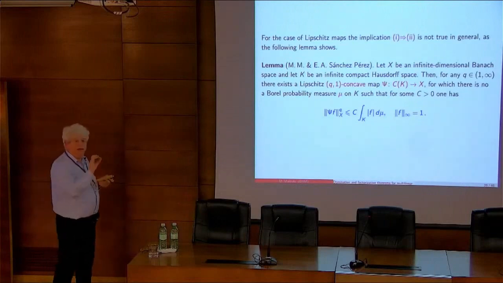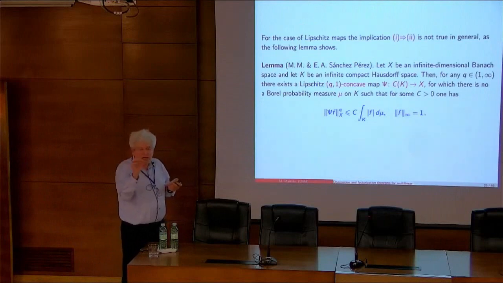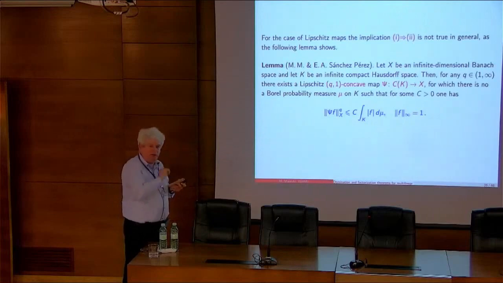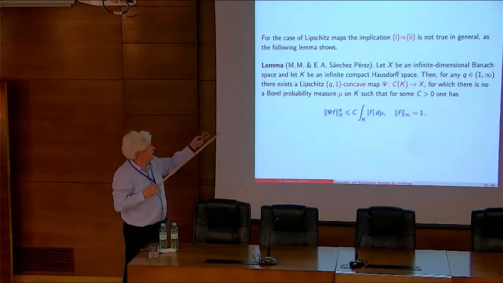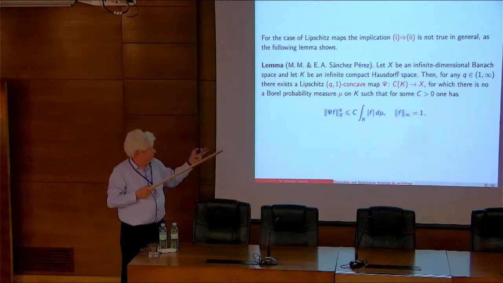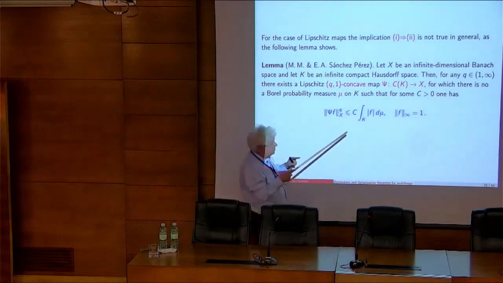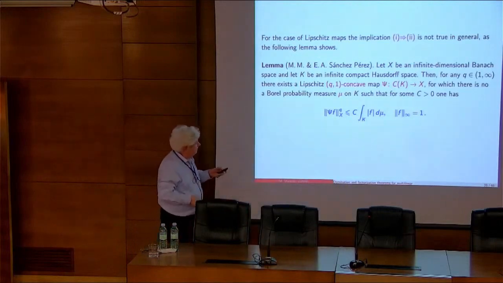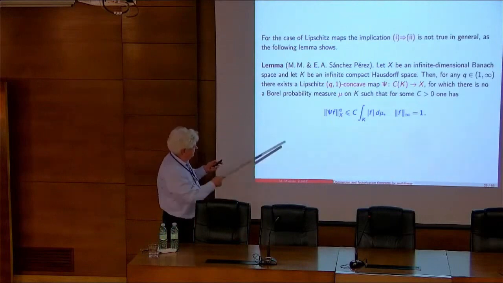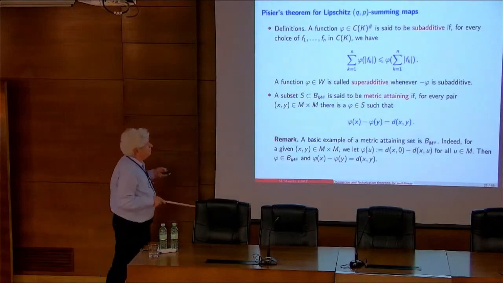And then if the space is infinite dimensional, Benyamini and Sternfeld proved that there is a retraction from x to the unit sphere, and then we take the composition with this map, and take any operator from C(K) to X which is Q1-summing, but this one will not satisfy this inequality. So there is no chance to get a measure which will give the domination estimation of this type, as in the linear case.